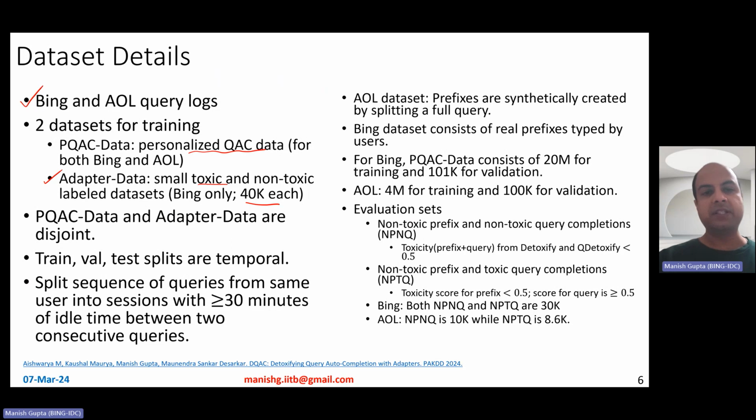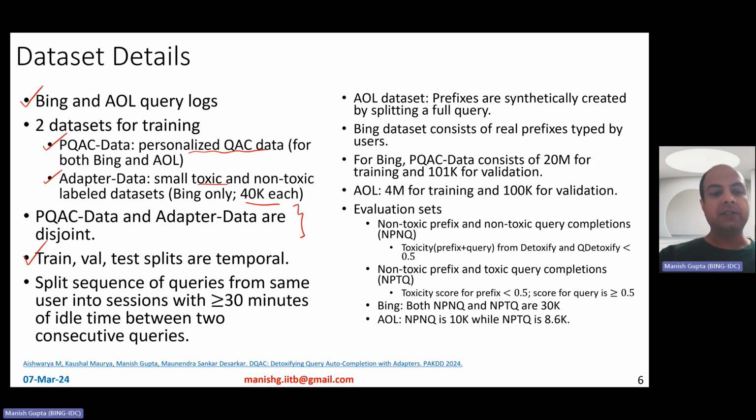Remember, all of these data sets are disjoint from each other. So PQAC data is different from adapter data. PQAC data could have some toxicity in it, but we've tried to keep it as clean as possible using our QDETOXIFY model. Train, validation, and test splits are done in a temporal way so that the test splits are more recent queries.